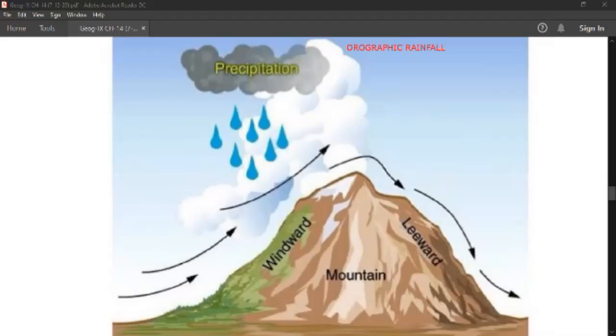The presence of mountains causes humid air to rise. The sudden ascent causes cooling of air, leading to condensation and then rainfall. For example, monsoon winds while ascending the Western Ghats cause heavy rainfall on the windward side.